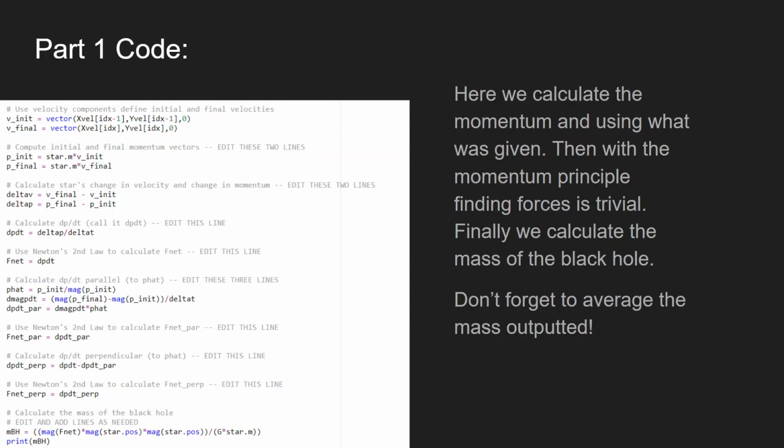Here's the part 1 code. We have mass and we have initial and final velocity. So calculating momentum, change of momentum, all that was relatively simple.